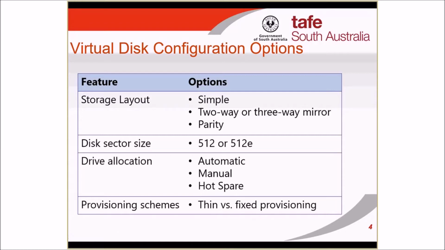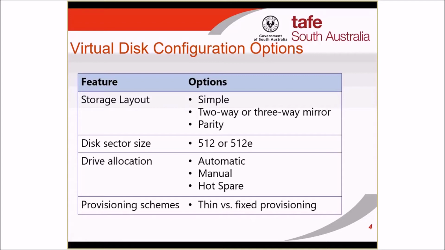There's also the idea of provisioning schemes. There's what's called thin provisioned or fixed provisioned. What does that mean? It's just like when we create a virtual machine and specify the hard drive. Remember, we can allocate disk space straight away, or we don't allocate disk space straight away. You remember that, guys, from the virtual machine subject? So when we do fixed provisioning, it's like allocating disk space straight away.